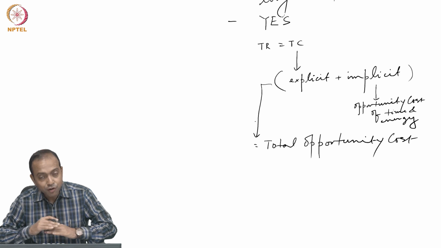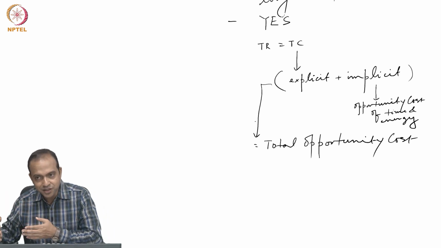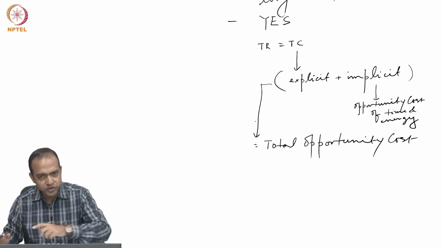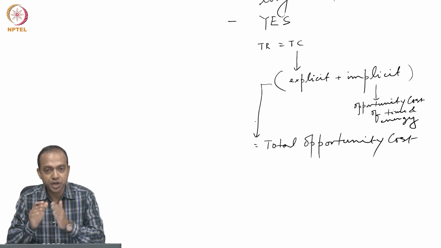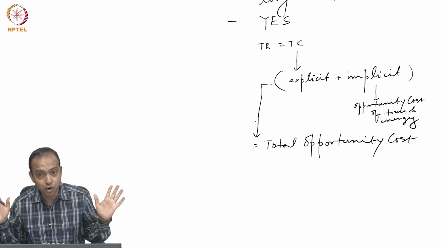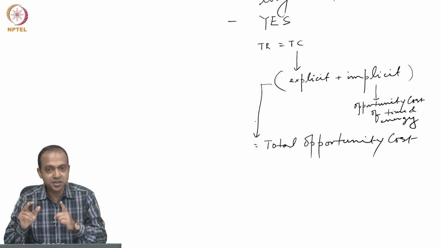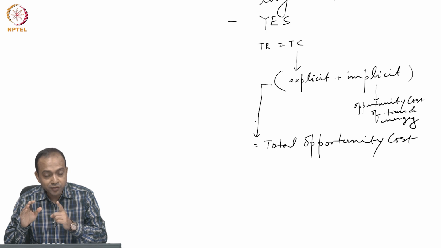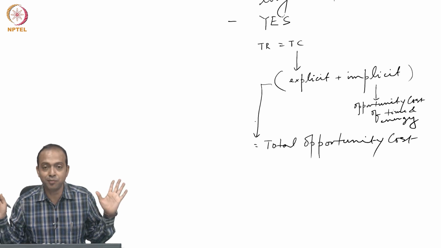So, money out of pocket plus my time, my energy, opportunity cost of my savings, whatever I have invested, everything taken together is total cost. So, that is total opportunity cost. And when you are able to get that money back, that means the firm is doing the best available option at that point of time.